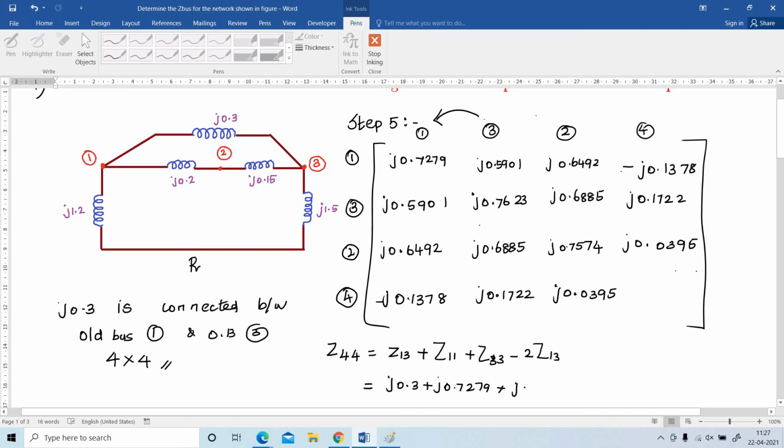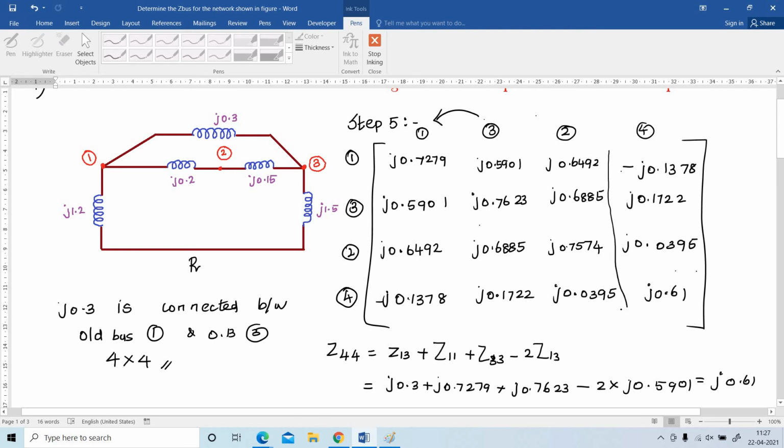Z33 is J 0.7623 minus 2 into, what is Z13? Z13 is J 0.5901. The answer is equal to, after reducing this, we will get the answer J 0.61. J 0.61. But our final matrix should be 3 cross 3 only.